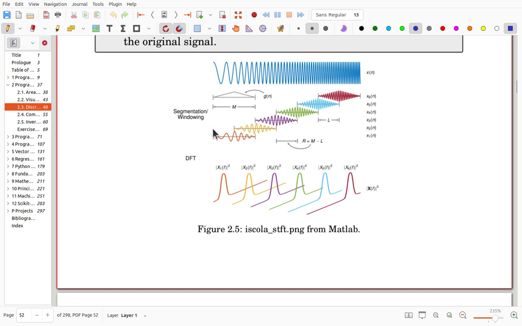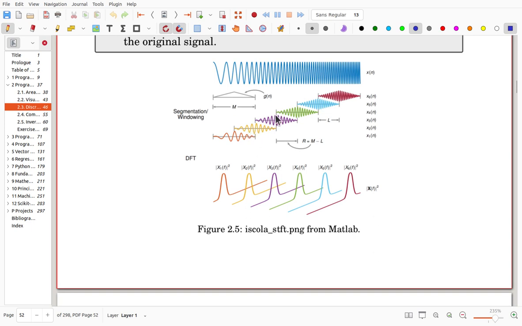Now, here, we are moving from this one over there, so that's R. So same here, R is this one. After moving R, now from this one, we take m samples again, then multiply G, then we can get this signal.